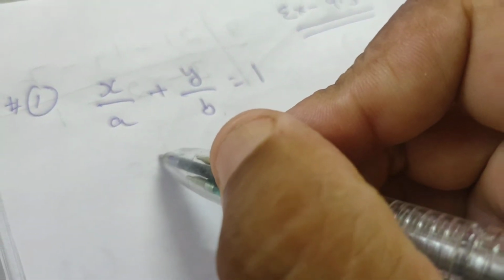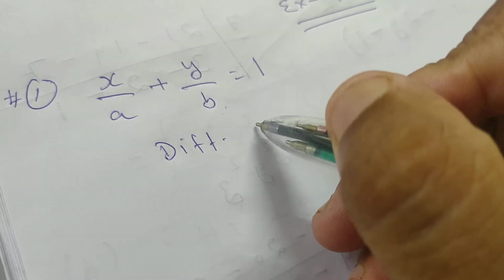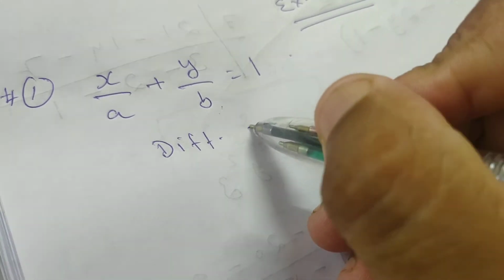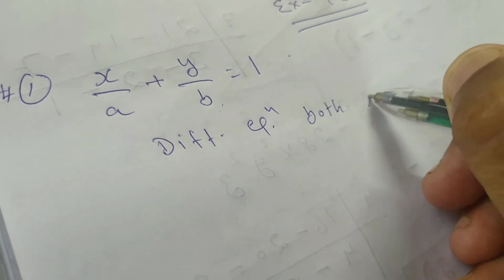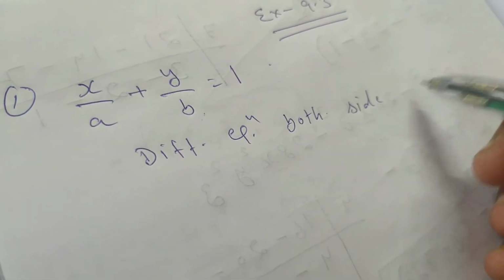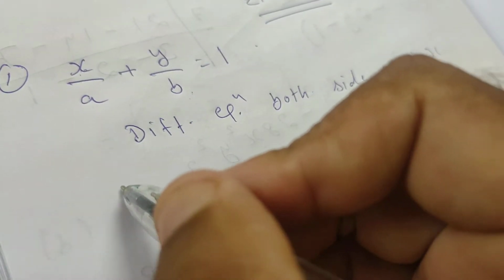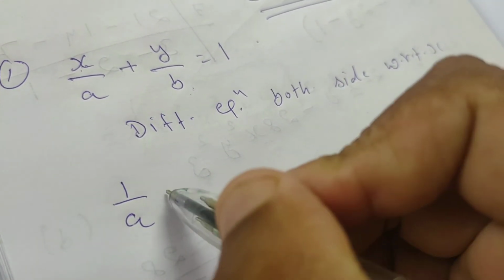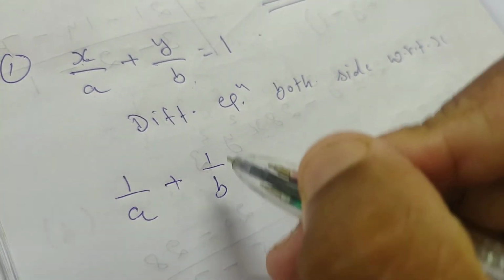Firstly, differentiate the equation both sides with respect to x. Then what will there be? X by a, you know the differentiation of x by a is 1 by a, plus y by b. What is the differentiation of this?